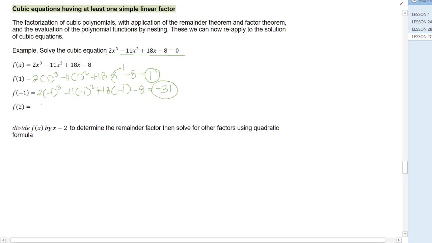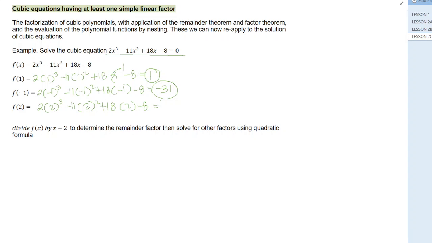How about this one? That is 2 times 2 cubed minus 11 times 2 squared plus 18 times 2 minus 8.